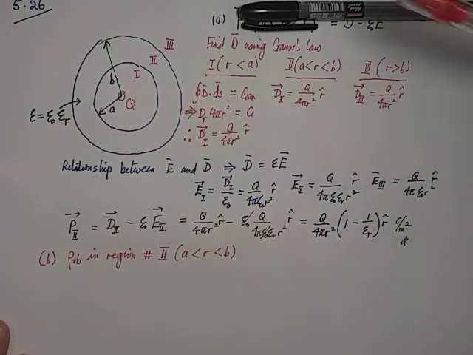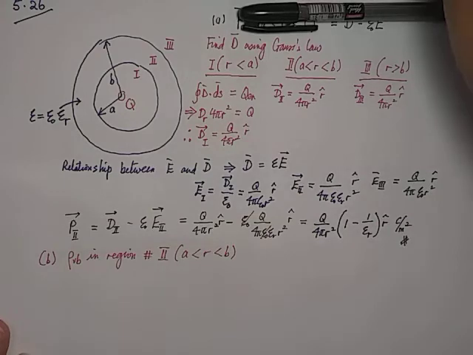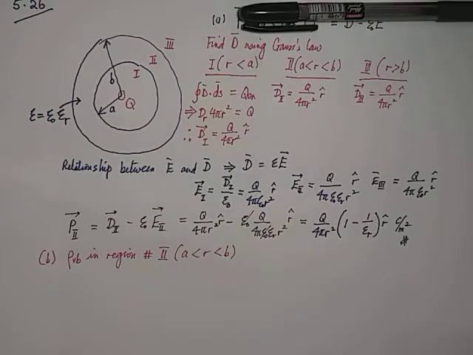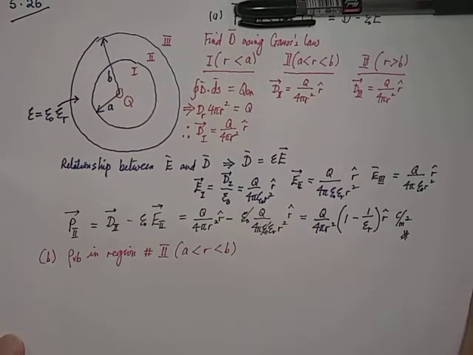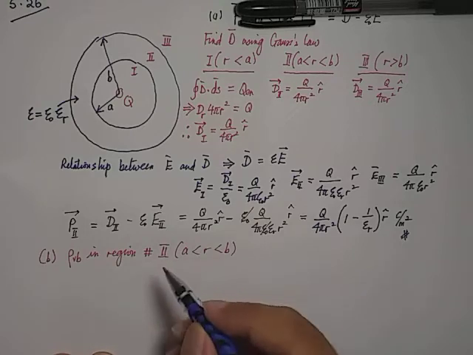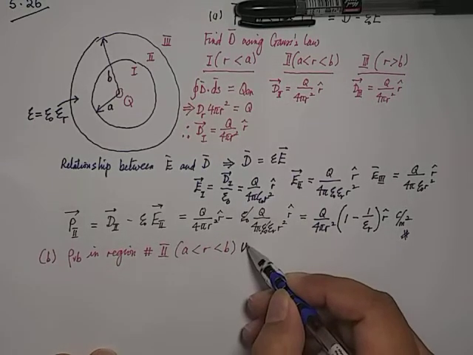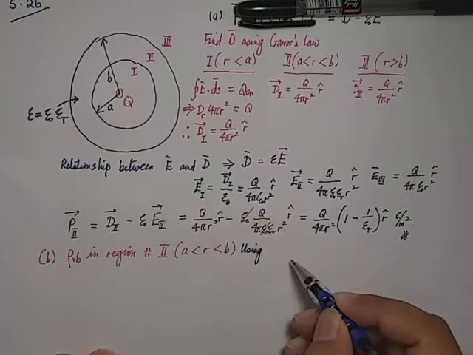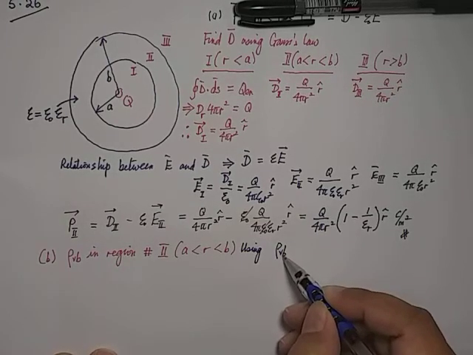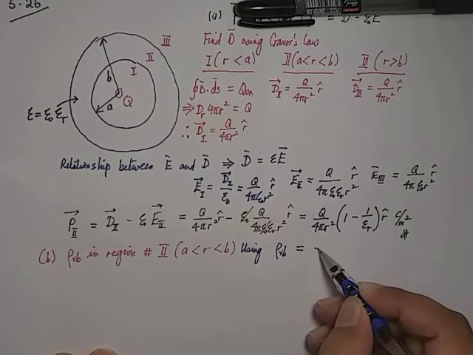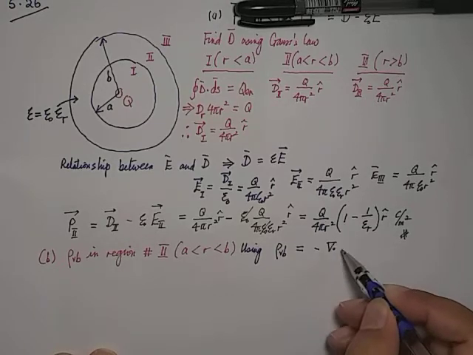So how are we able to do this? Using the formula that we have been shown, the standard formula rho VB equal to negative divergence of P.